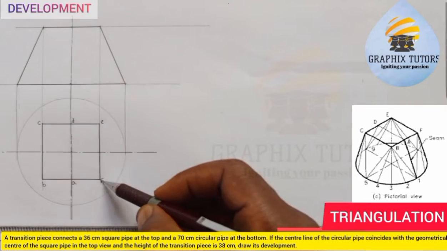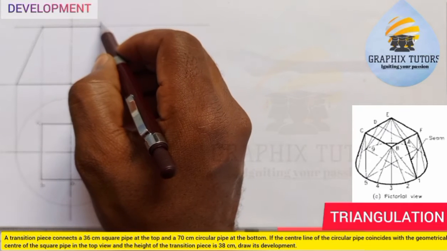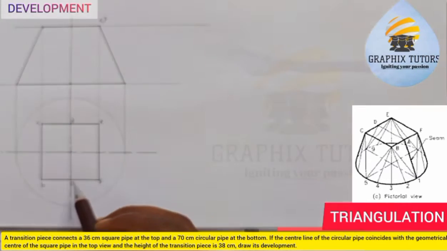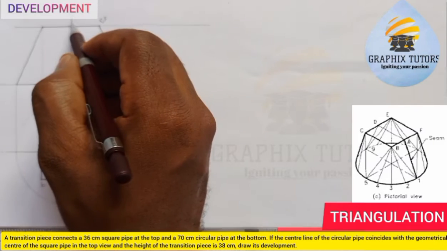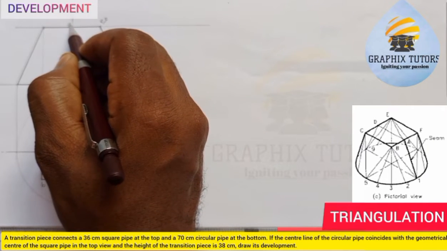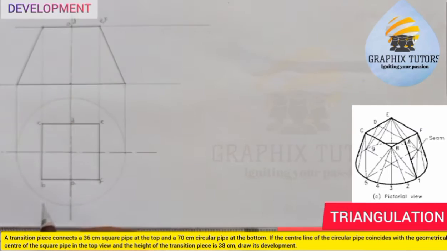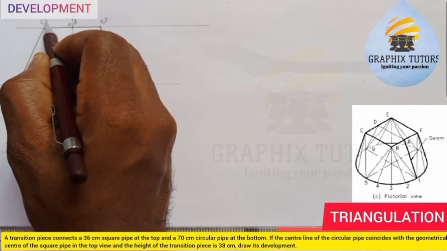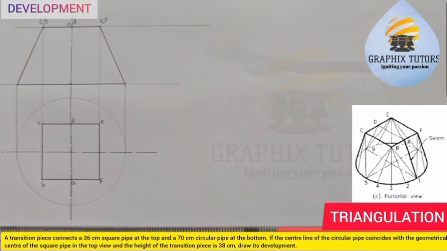So if here is EF, this point here will also be E, F. If here is AD, here will also be A, D. If here is CB, here will be C, B. You can see that?